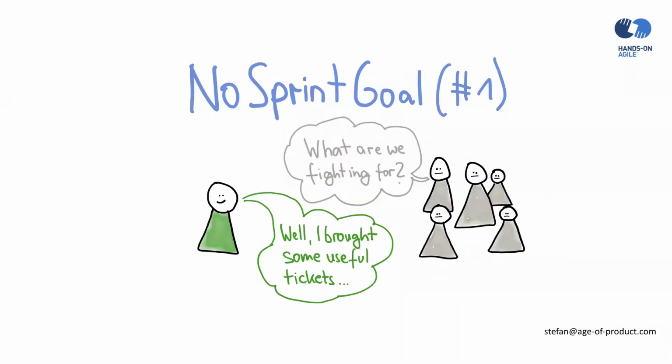However, if you're running into trouble identifying your sprint goal, and this is not just happening one time, but it repeats itself over and over again, probably your product is already at the end of its life cycle and you're focusing on fixing bugs or making small adjustments. And you should really think about whether using Scrum or continue using Scrum is the right practice in your case.